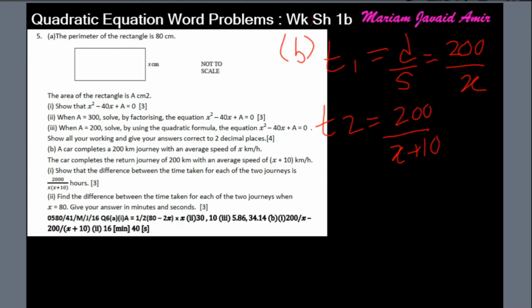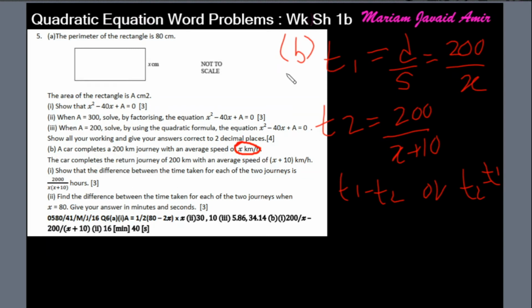Now the difference between the two times. Show that the difference between the two times is this. The question is, do I do t1 minus t2 or t2 minus t1? I need to see which time would be bigger. In the first journey, the speed is less, so the time taken would be more.